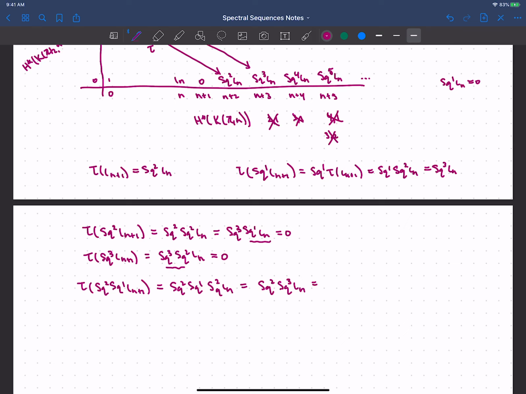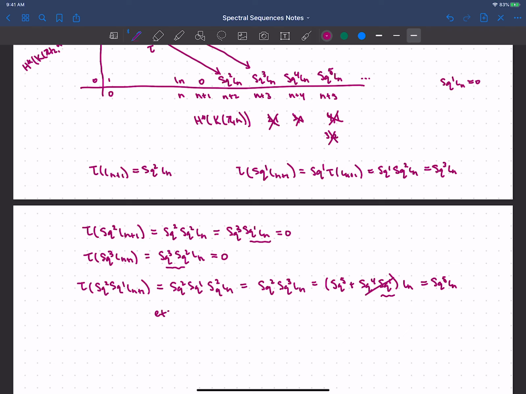And there was an Adem relation there for Sq2 Sq3. That's Sq5 plus Sq4 Sq1. Okay, so I really have all of that applied to iota n. But remember, Sq1 on iota n is going to be 0, so that term's going to go away. And I'll just have Sq5 iota n.